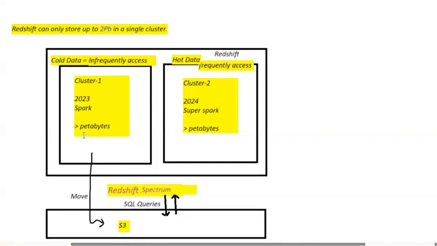Even after moving our data, we can still process the data present under S3. We can only read or load the data, but we are not able to update or delete the data by using SQL queries.